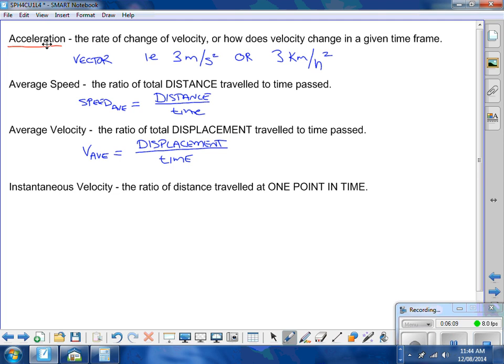But your speedometer will calculate that for you. So instantaneous velocity, it's a term. We're not going to get into a whole lot of detail on how to calculate it, just because the math goes a little bit beyond what I want to deal with anyway. But it gives you an idea. It's a term that does come up once in a while. So there's the terminology taken care of and done.